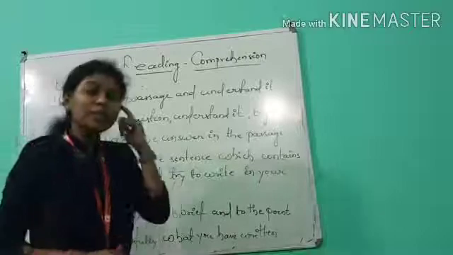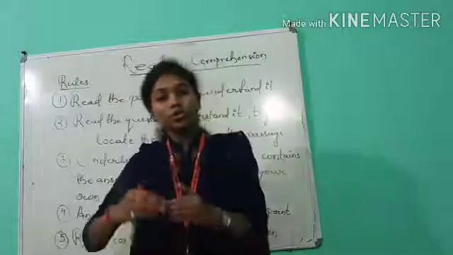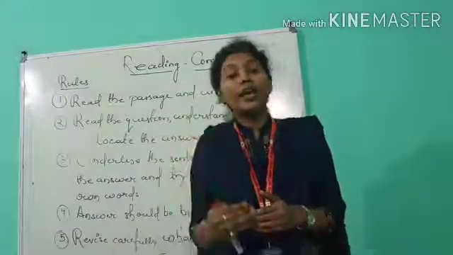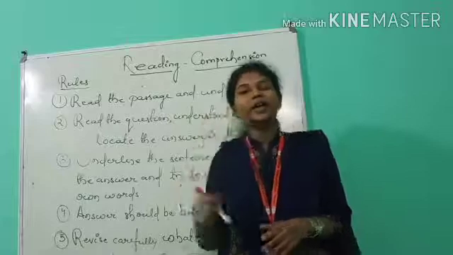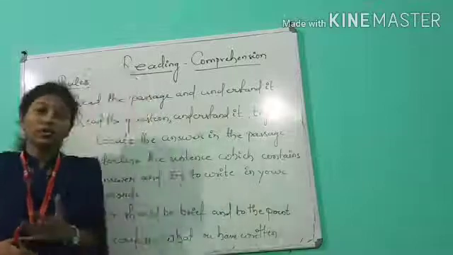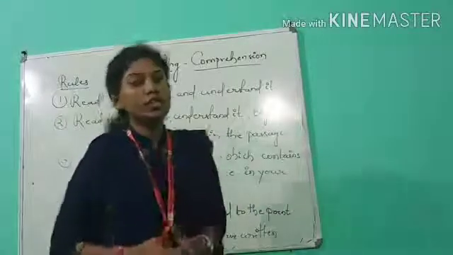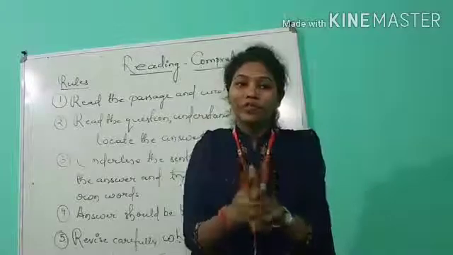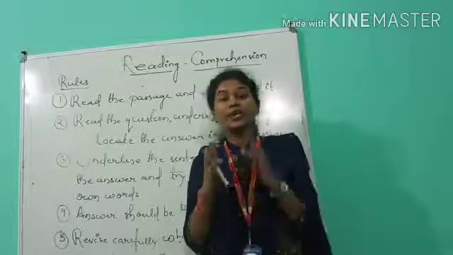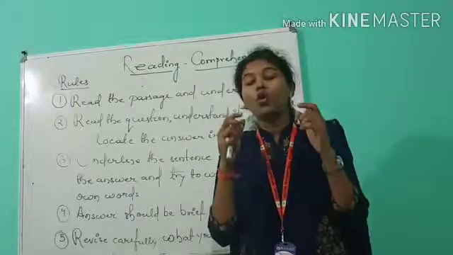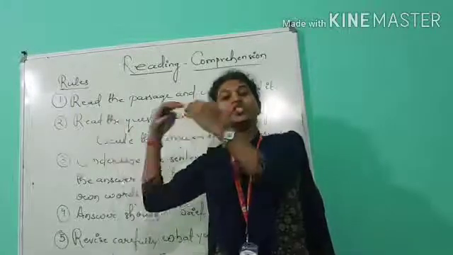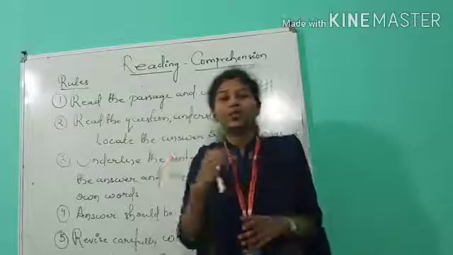So the second step is you need to read the passage, read the question, and find where the answer is in that particular passage, then underline it, and then write it in your own words. My dear student, an invigilator, when you are writing something, is always satisfied with an answer written in your own words, rather than copying the lines from the passage and simply writing them down.